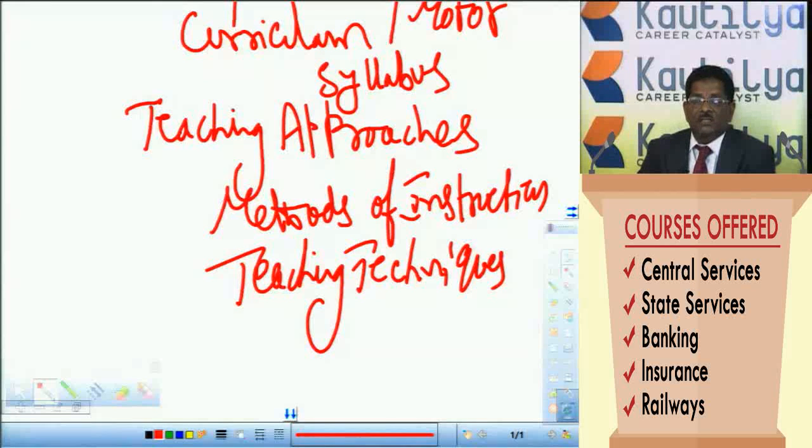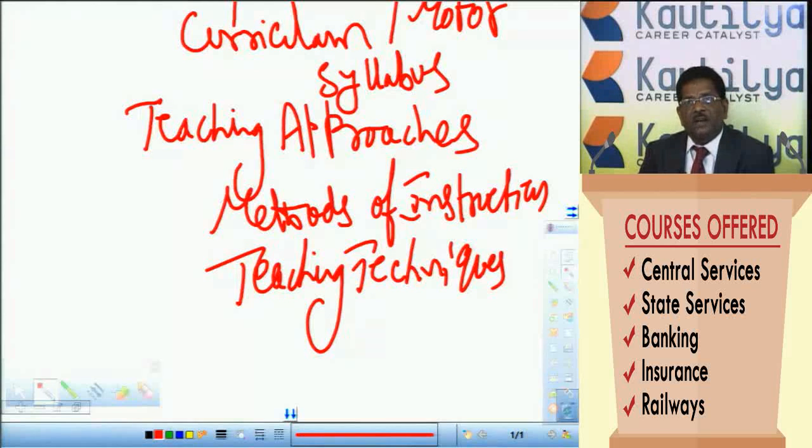Whether the teacher is supposed to adopt teaching approach or method of instruction, and the third one is teaching technique, it depends on the nature of the content, the difficulty level of the content, the nature of the topic, and the individual differences of the students in the class.